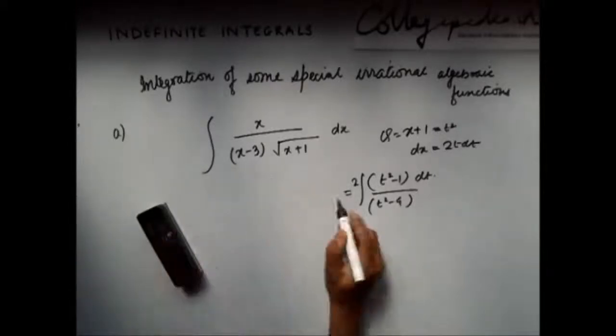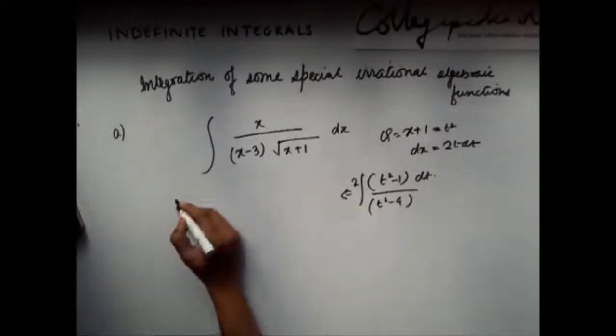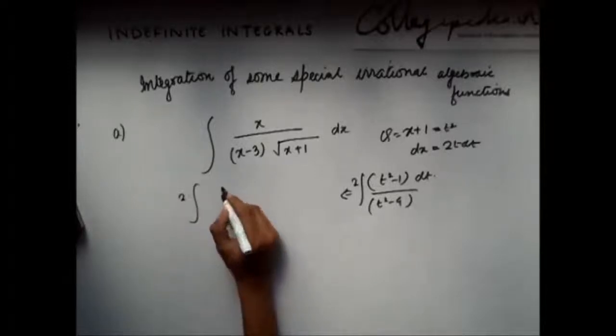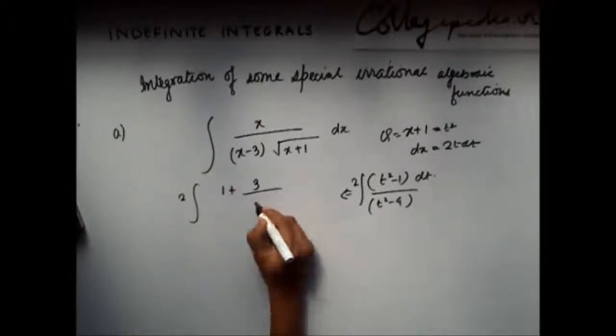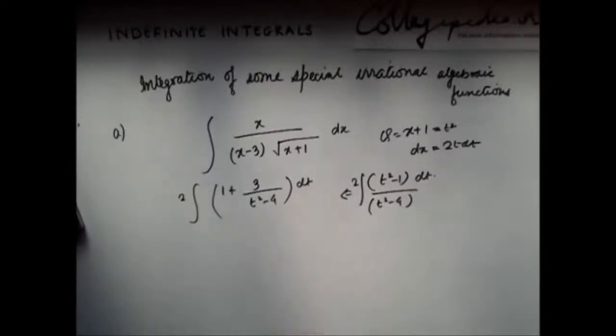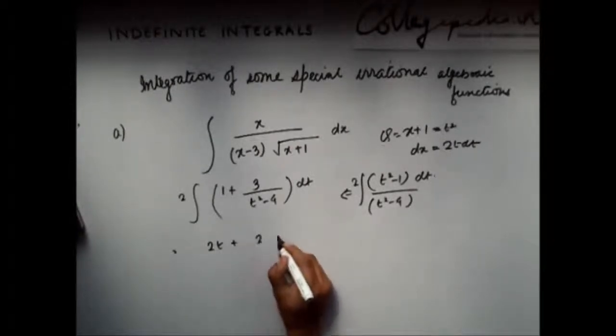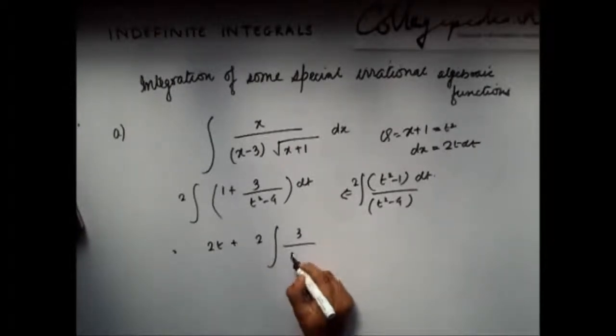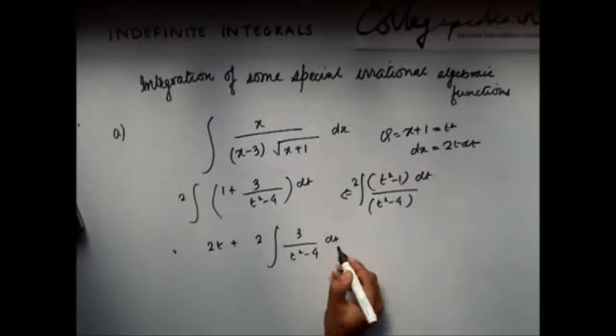Now this one we can write as 2 integration of 1 plus 3 over t square minus 4 dt. So my solution is 2t, integration of 1 is t, plus 2 times integration of 3 over t square minus 4 dt.